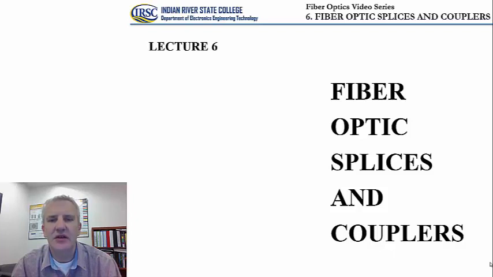And finally, at the end of this lecture, we also covered the aspect of fiber optic couplers. That is a third category of fiber optic connections that are used in fiber optic communications. We described different types of optical couplers and their applications.